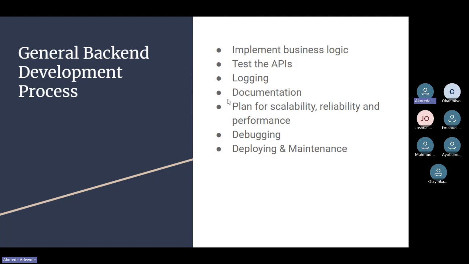Another thing is documentation. Wow, this is very, very important. Okay, so you are trying to implement some logic. A backend application is not going to sit in isolation. People are going to make use of that code as well, whether it is a frontend engineer or another backend developer that will make use of the backend application you've written. So there will have to be a way they understand what to do.